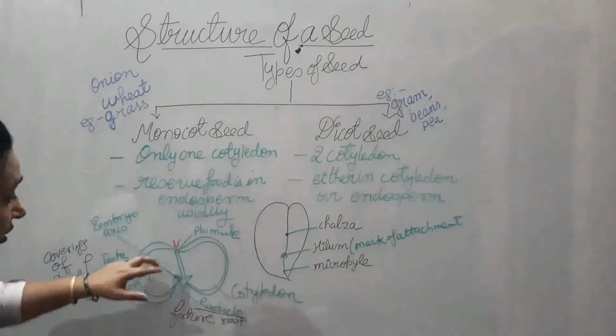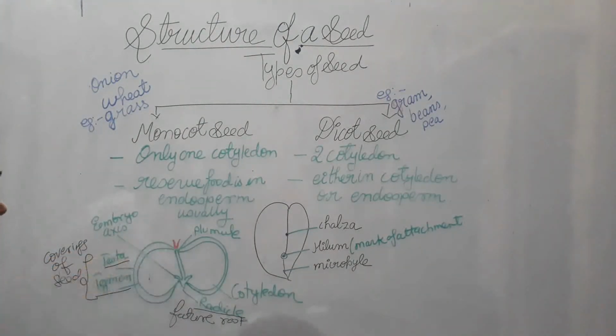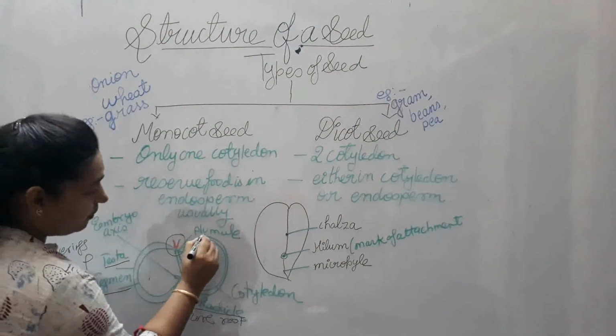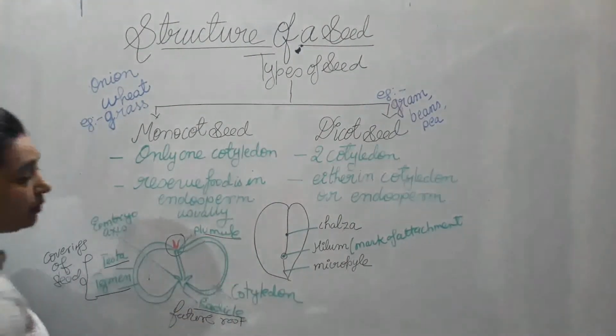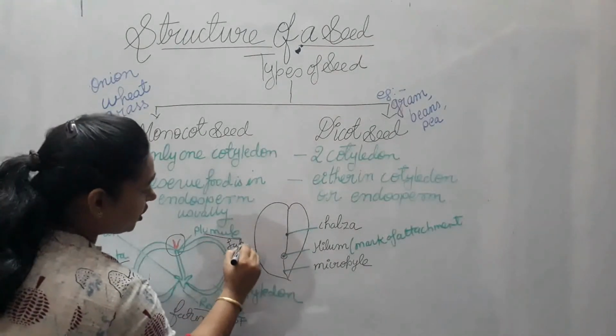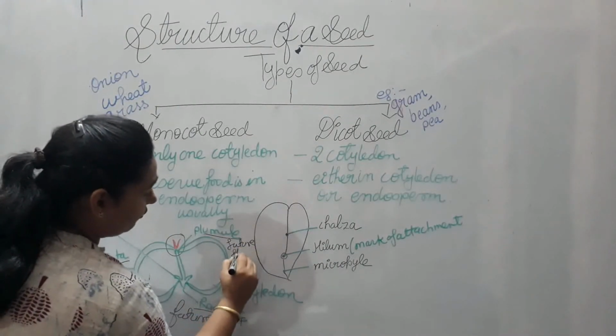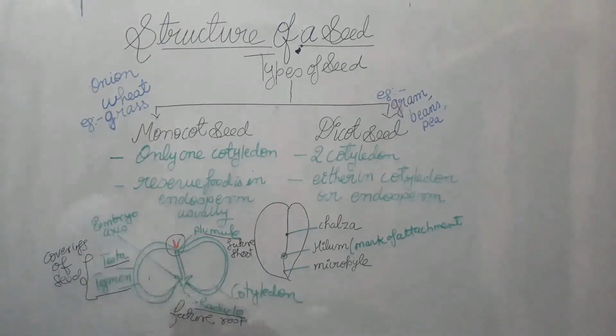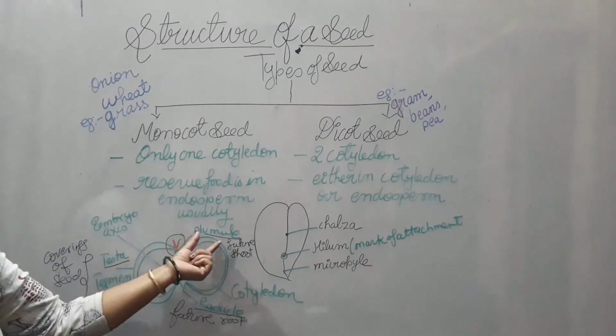The upper part which you will see like this is the plumule. Plumule is the future shoot. If you make a sprout, the stem part which develops is the shoot, which comes from the plumule.